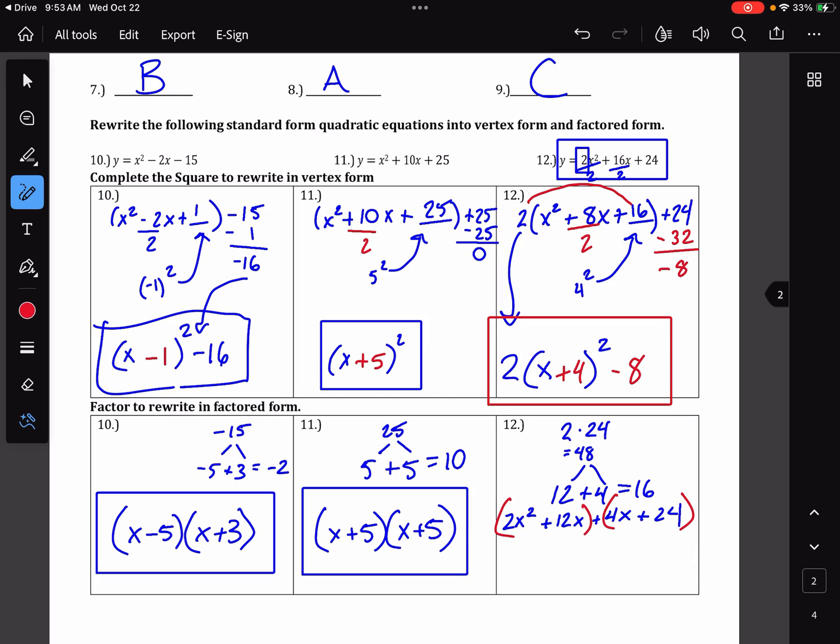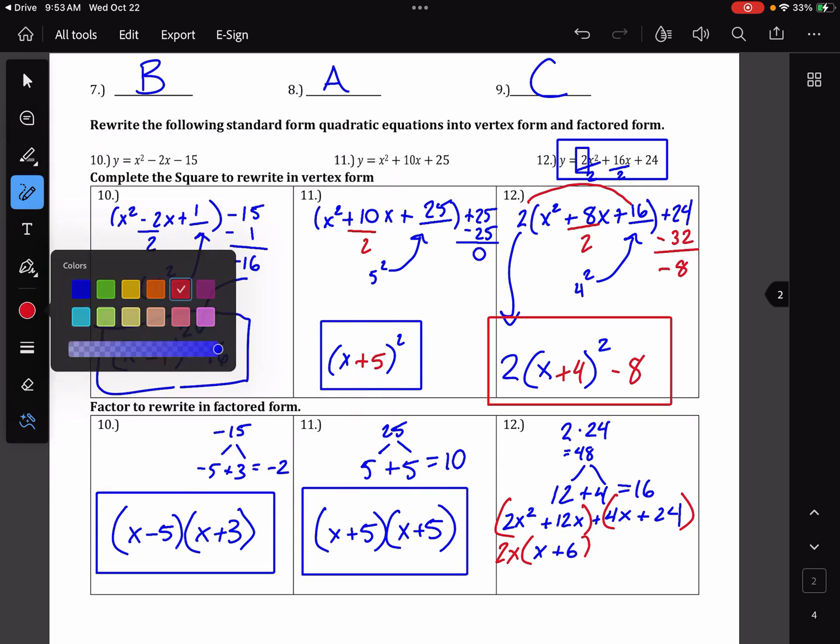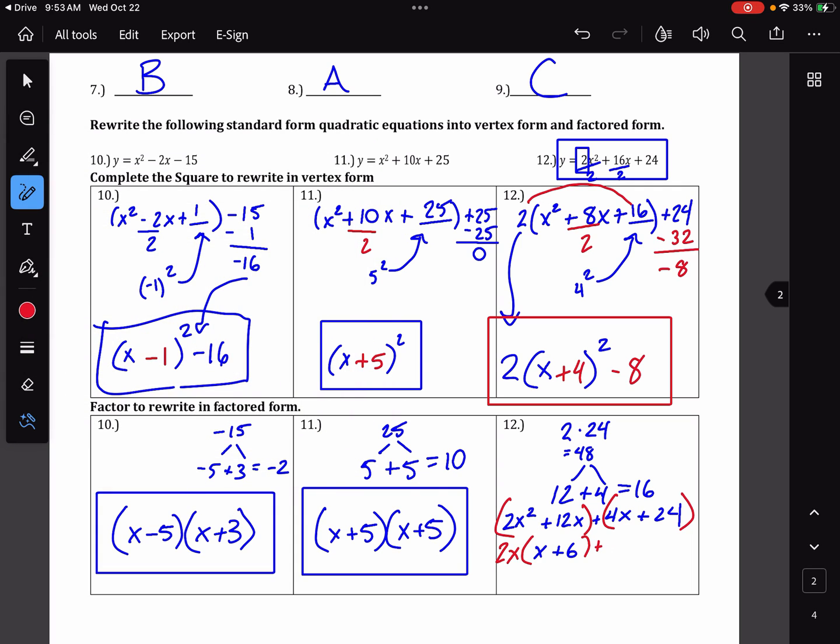So 2x squared and 12x, that would be 2x. Factor that out, and that leaves behind x plus 6. And then with 4x and 24, the greatest common factor would be 4. And when I factor that out, that leaves behind x plus 6, which is good.